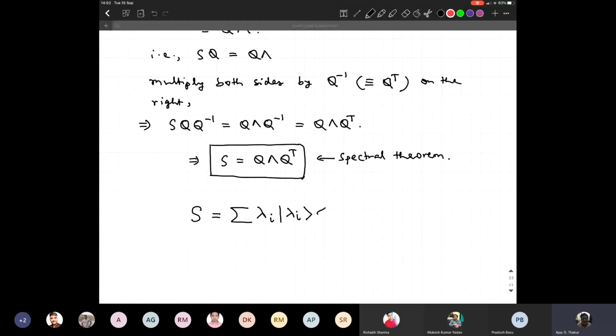It's easy to see that both these results are identical, and this particular form is very relevant in quantum mechanics.